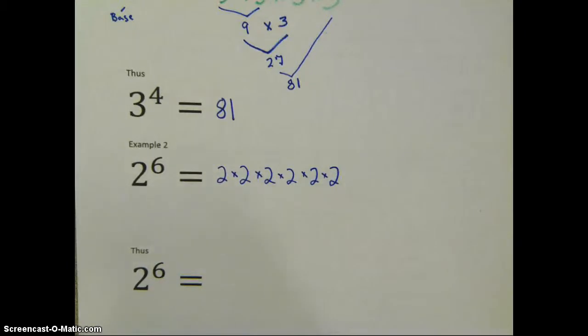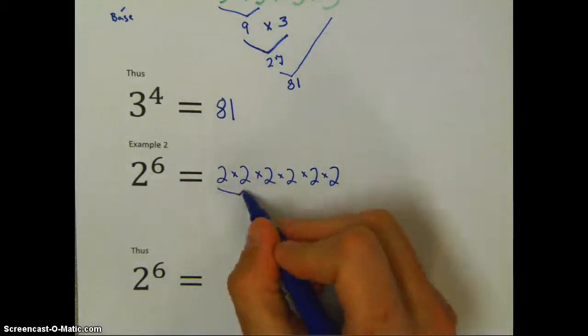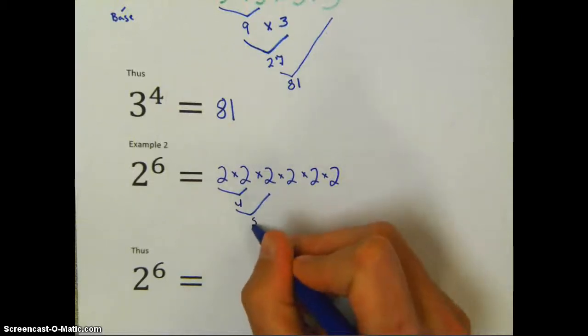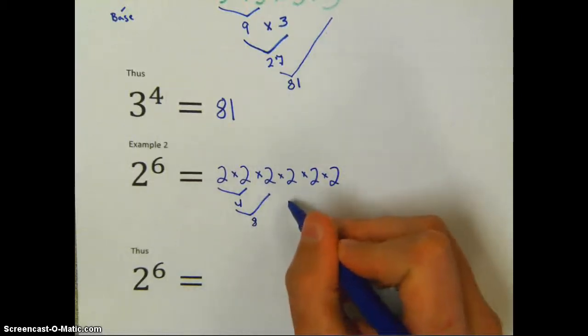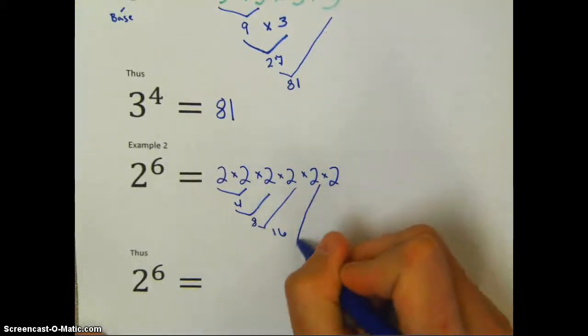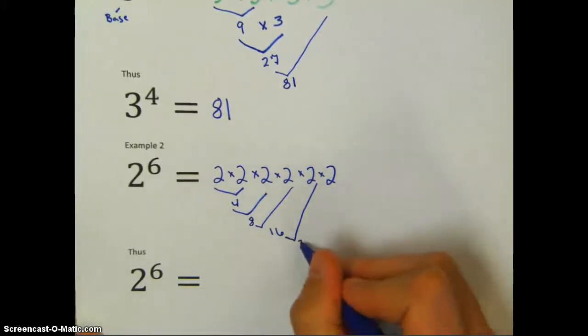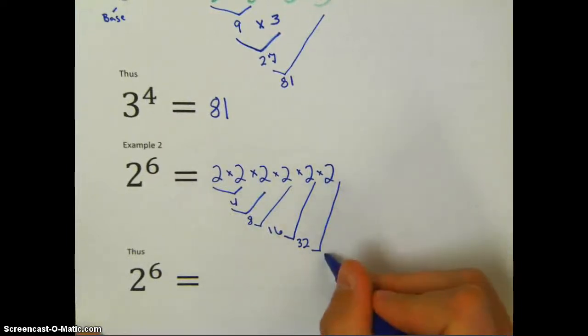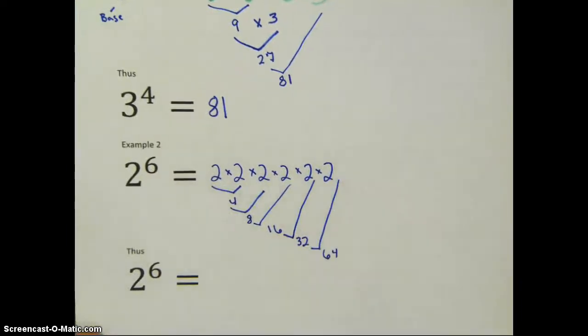And we actually want to solve it today. So 2 times 2 is 4. 4 times 2 is 8. 8 times 2 is 16. 16 times 2 is 32. And 2 times 32 would be 64.